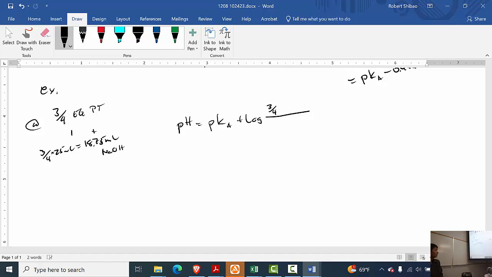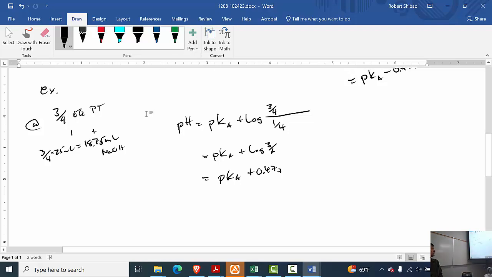And how much is left over? 1/4. 1 part. 3 parts base, 1 part acid. 3/4 of this will be sodium acetate. 1/4 of this will be acetic acid. And so this is equal to the pKa plus the log of 3/1. The inverse. And so this is going to equal pKa plus 0.477.